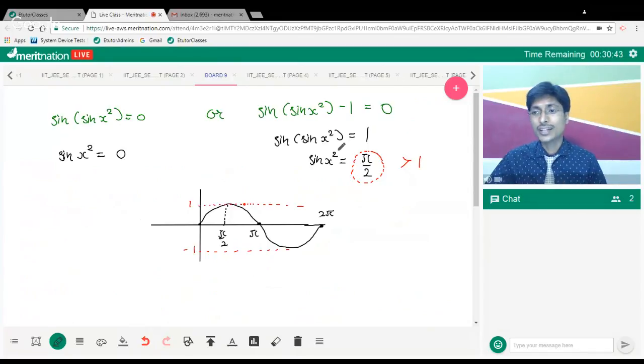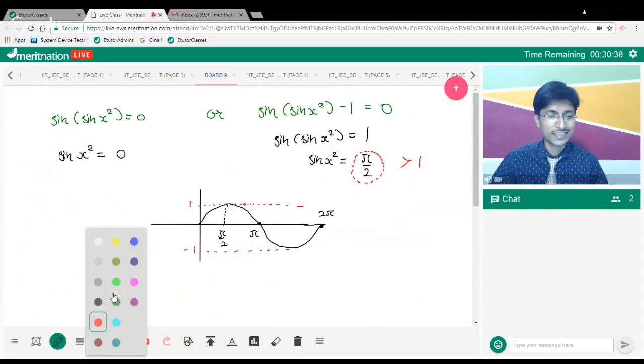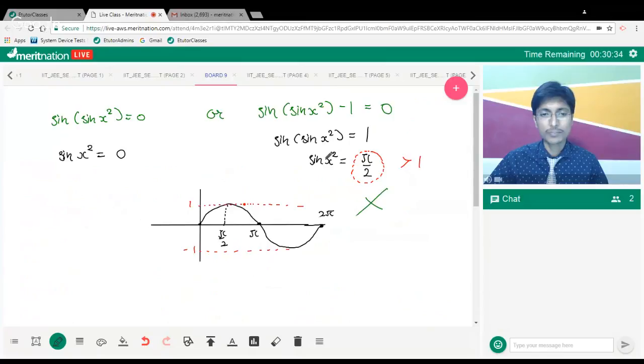So the second value will be rejected, because the sine function would have to give pi by 2, a value greater than 1. So that's not possible. So obviously we are left out with this option, and x square is basically equals to n pi, because I'm getting zeros at the various options.